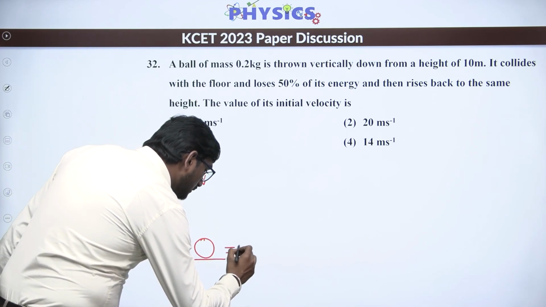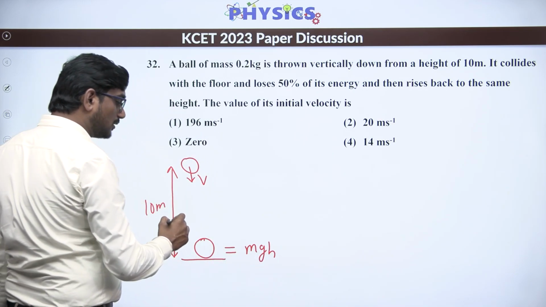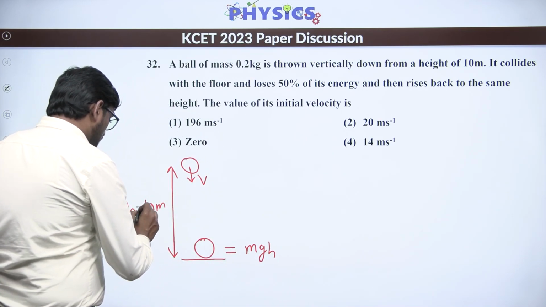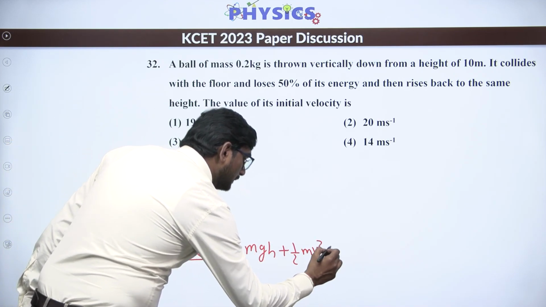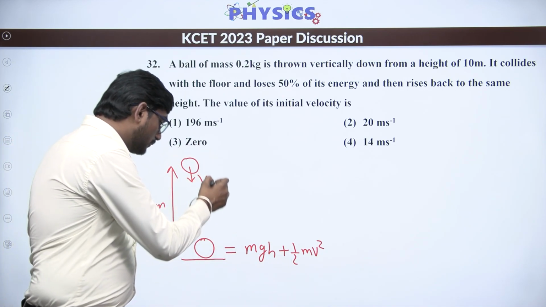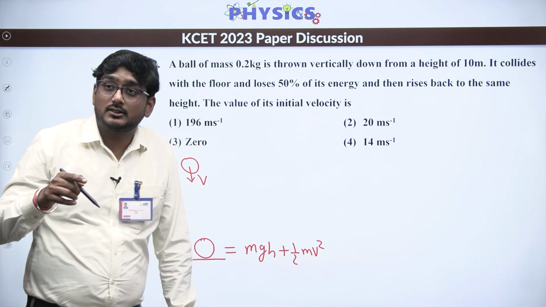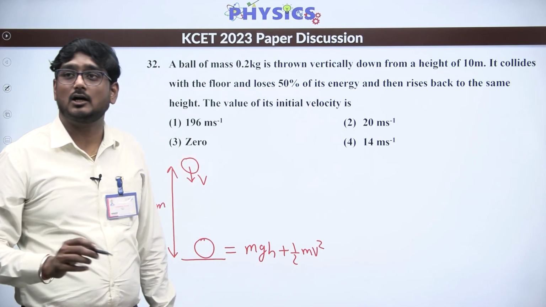So total energy over here will be mgh, where the height it has come down is 10 meter, plus half mv square. This half mv square is the initial kinetic energy and mgh is the loss of potential energy. So the total energy just before hitting the ground is mgh plus half mv square.